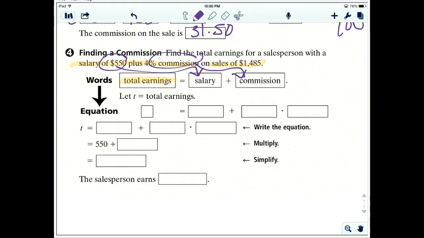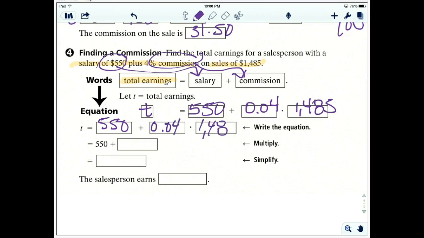Okay, so we're going to go ahead and fill this in. We don't know the total. We do know their salary. They're getting paid $550. Okay, and we want to find 4% commission of $1,485. So to do that, I would go ahead and multiply. So that's going to give me 550 plus 0.04 times 1,485.